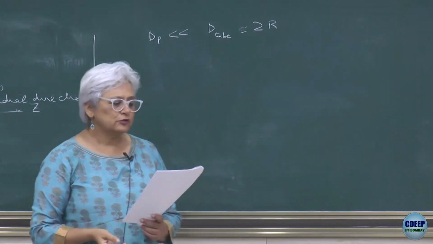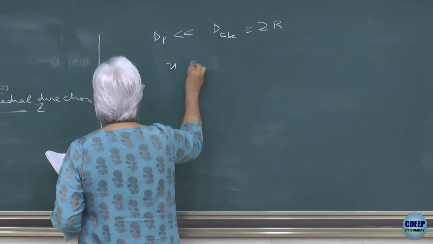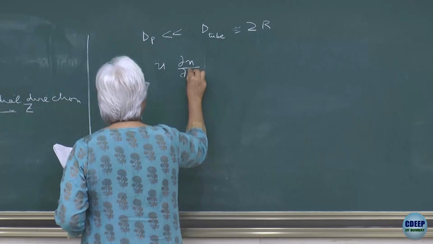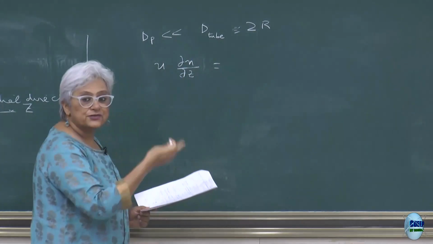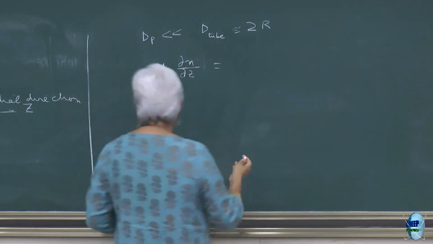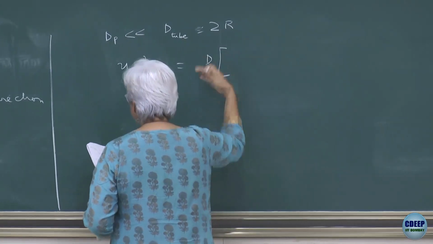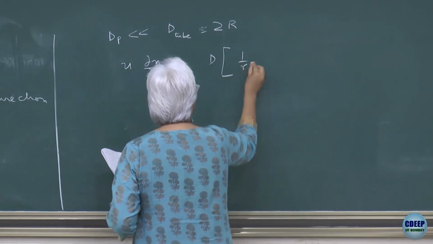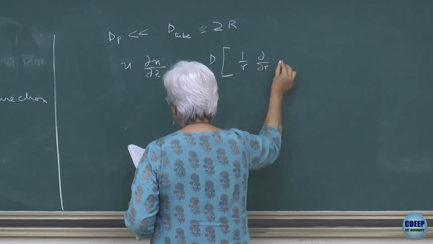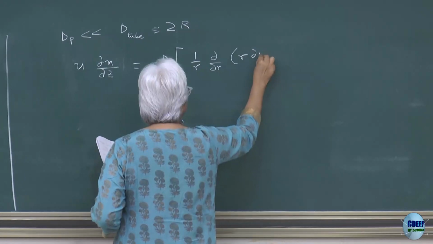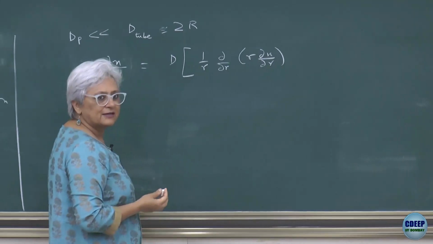We have fully developed flow, and we just go ahead and write the equation as U del N by del Z. You have the particle number concentration decreasing as you keep going down, and the particles are diffusing in the radial direction. So, you have a 1 by r del by del r of r del N by del r.